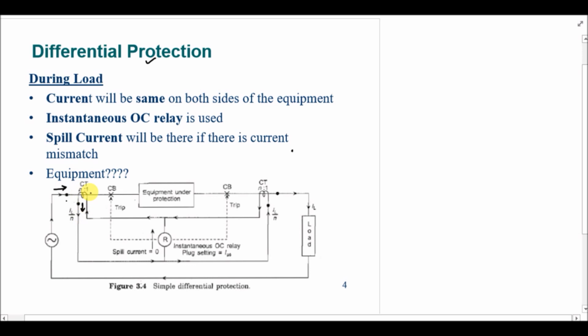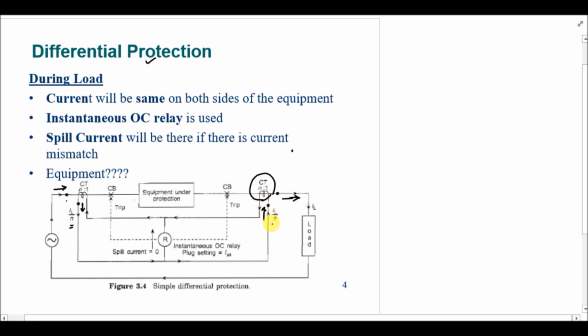So in this CT, the current is entering the dot, and after dividing this current by the turn ratio, we are getting the current IL by N in the secondary of the CT. Similarly, in the other CT, that is on the load side of the equipment, we have current that is leaving the dot. So the current will be entering this dot.